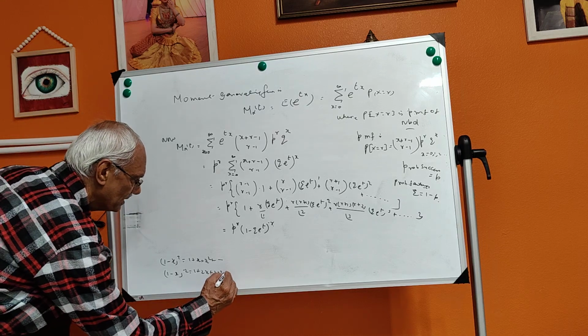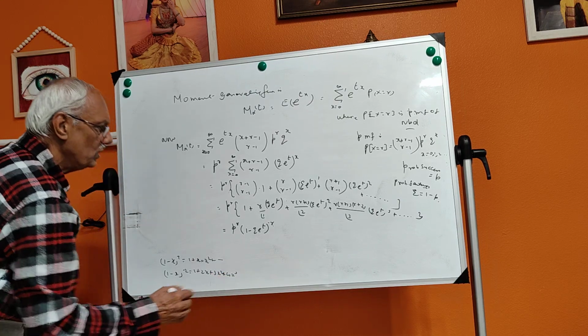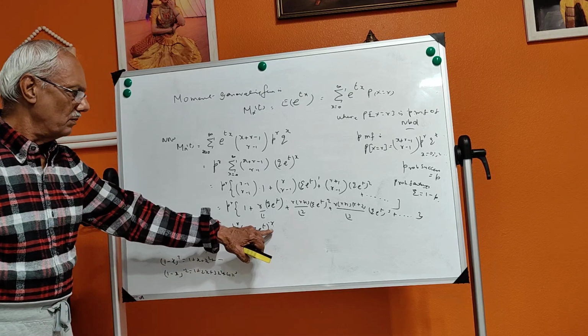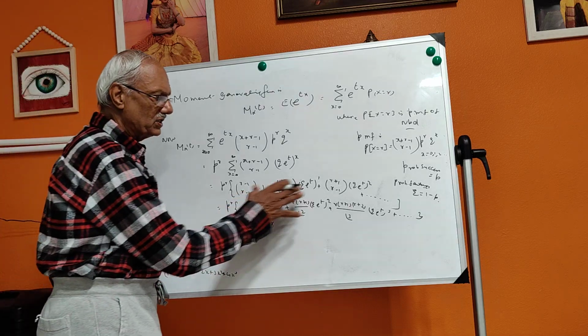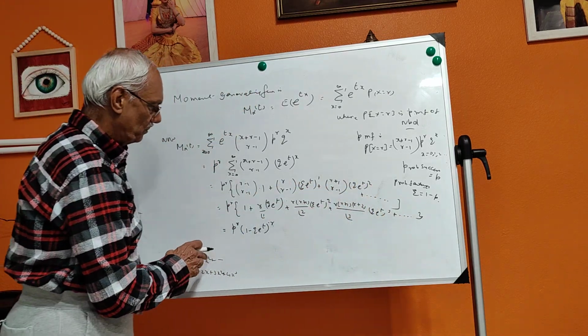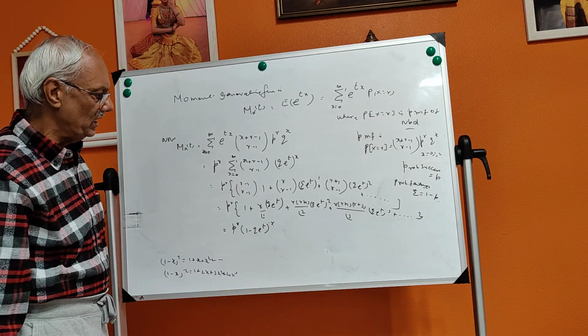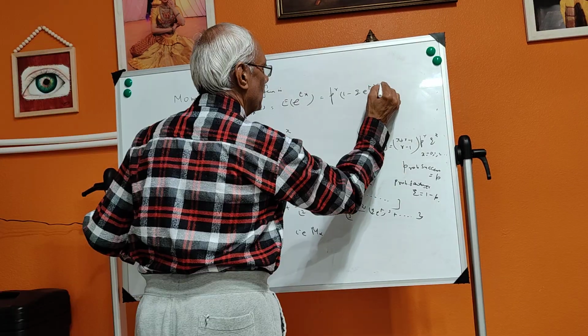So if in the place of this power you take minus r and go for the expansion, this is what you will get. So in the place of this, I can write this as (1 minus q e to the power of t) to the power of minus r.